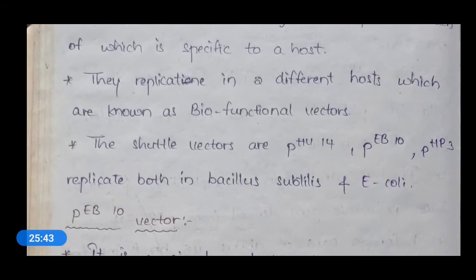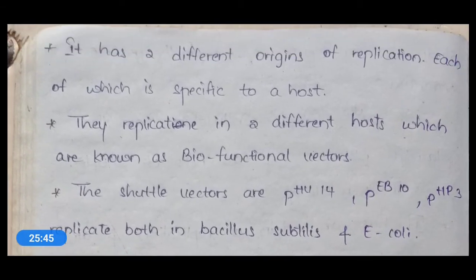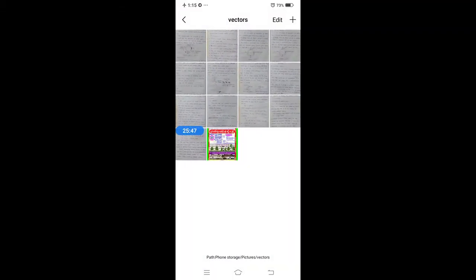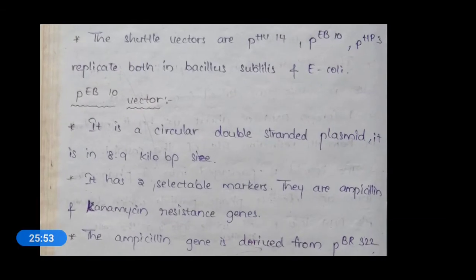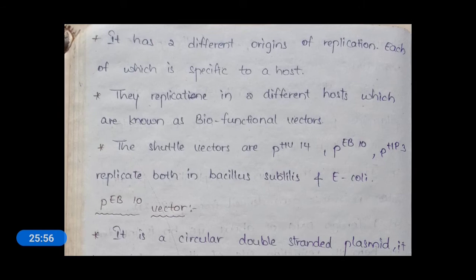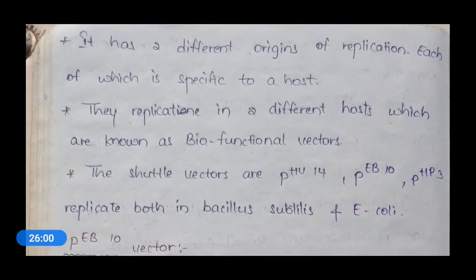So here, this particular shuttle vector will have two different origin of replication sites, and both are specific for their host.